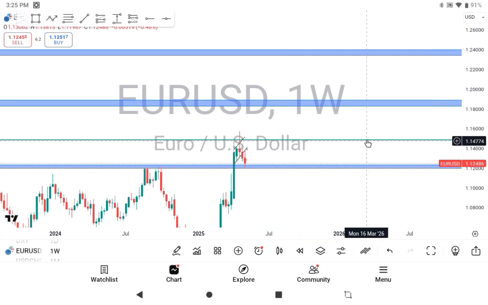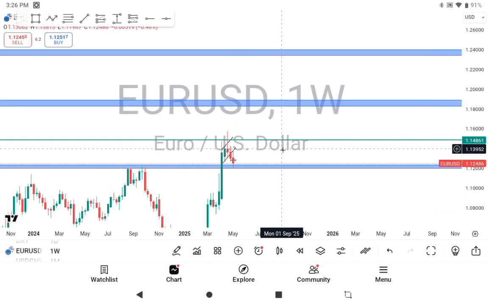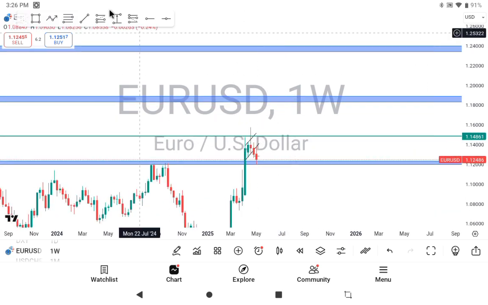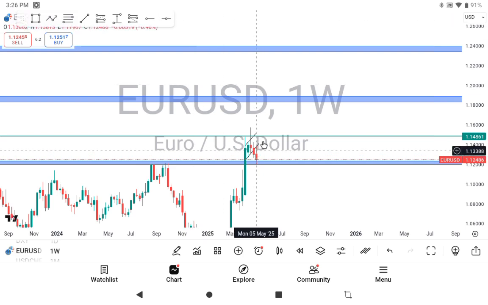Now, two things are about to happen on the weekly time frame. With what I'm seeing, we might see a push right here. We might see price pushing right here, coming to attempt this green bar.